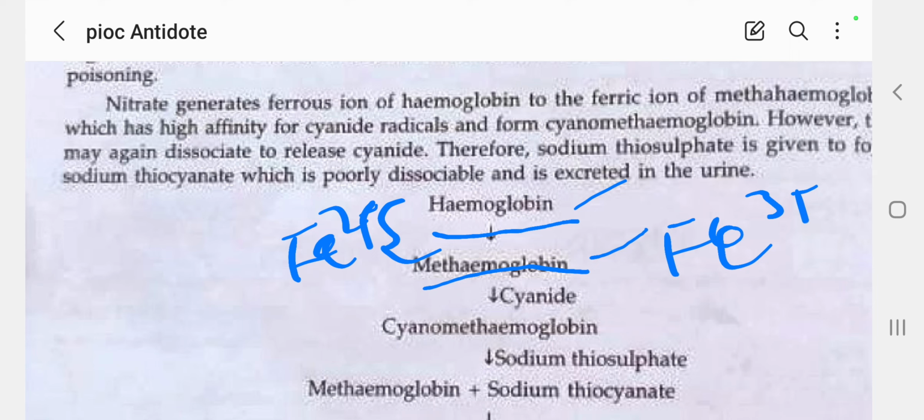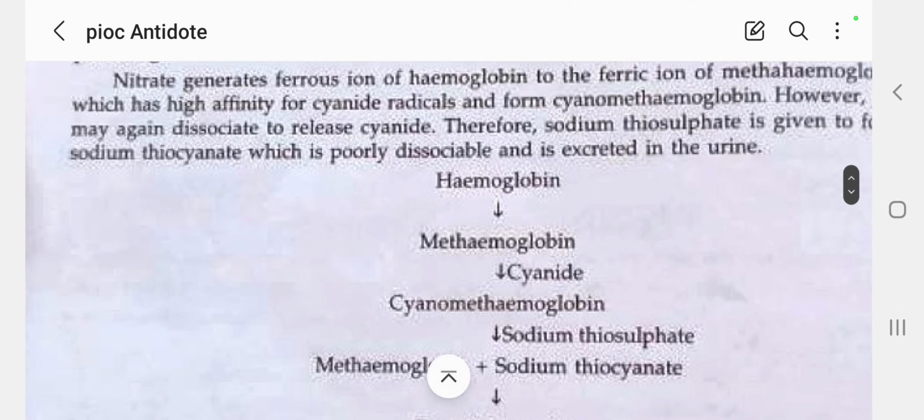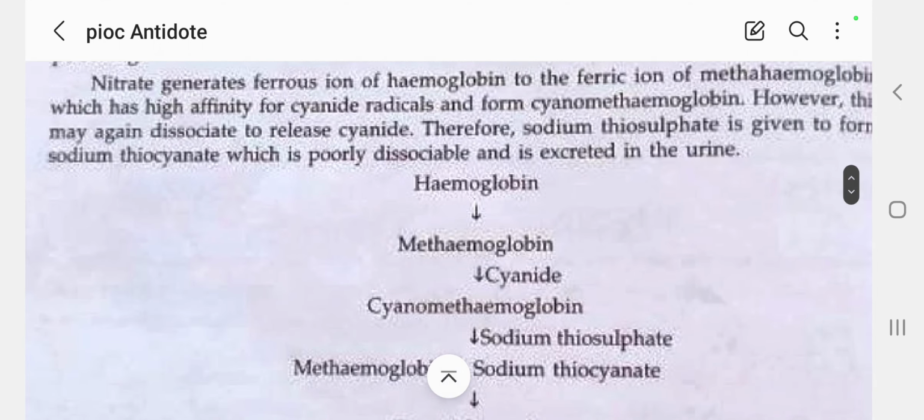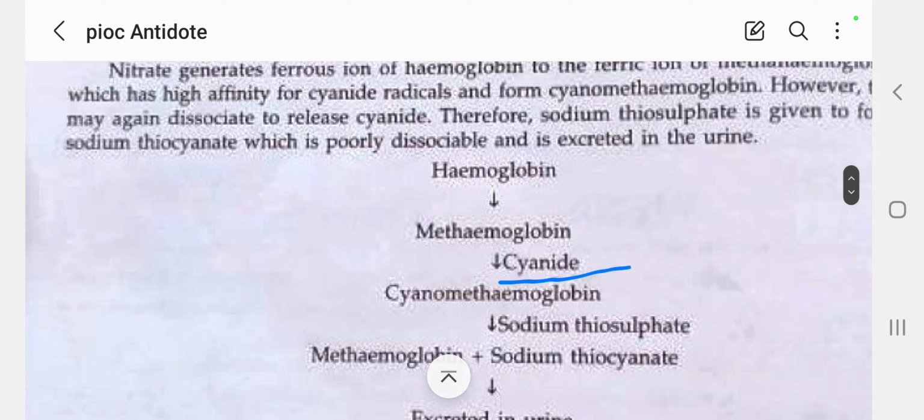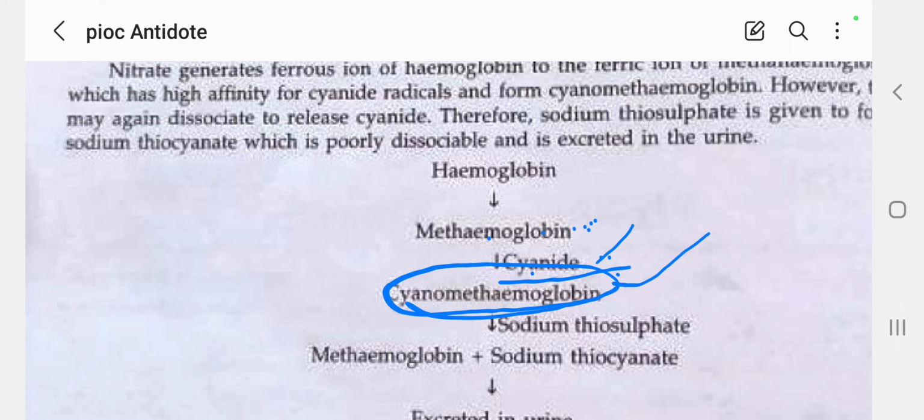After the conversion, the ferric form of methemoglobin binds with the cyanide in the person ingested with cyanide poisoning, thereby forming cyanomethemoglobin.